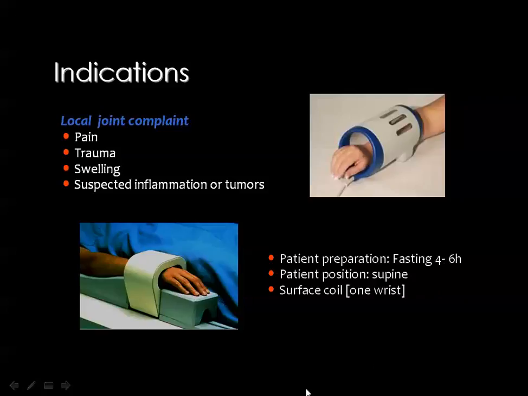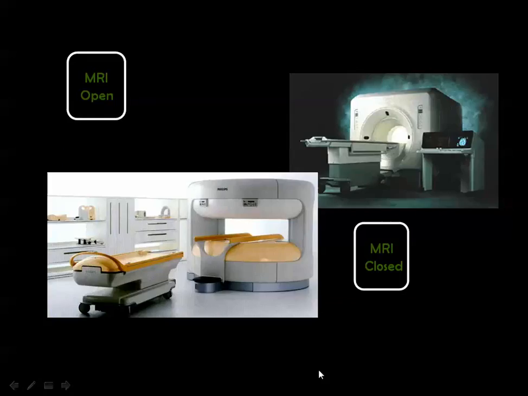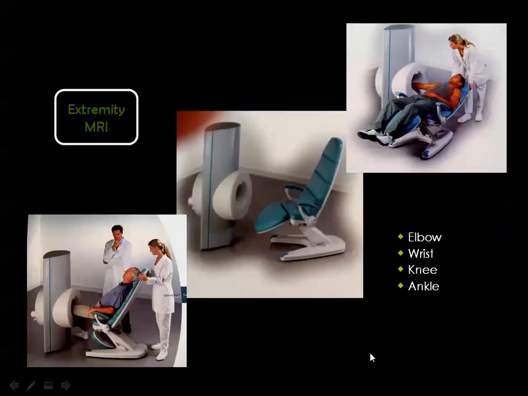You know that we have different types of MR machines, the closed magnet and the open magnet, as well as the extremity magnet, which is suitable for evaluation of the elbow and the wrist joints.